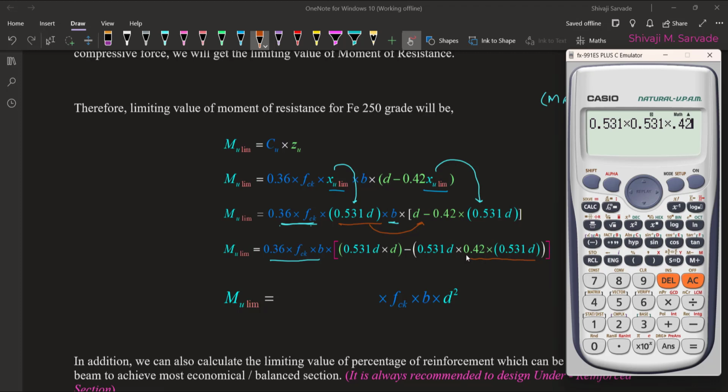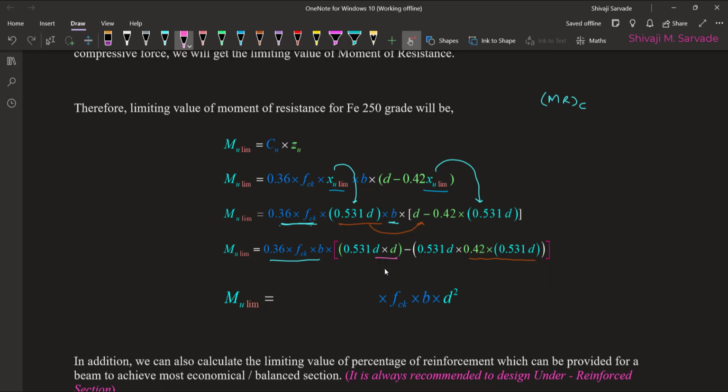Now if you see, this becomes d square. So this comes out to be 0.1184. Now this is to be subtracted. If you can see, this becomes d square, and this into this again becomes d square. That means we can subtract whatever is the answer of this from this.